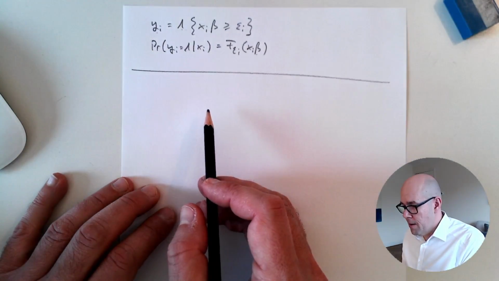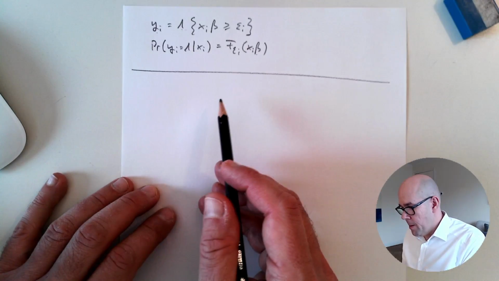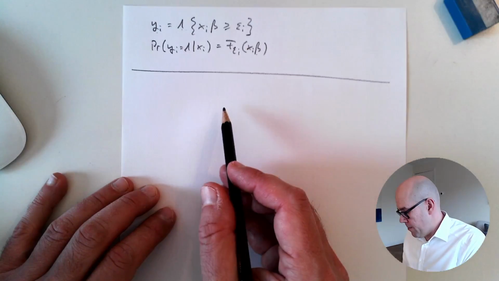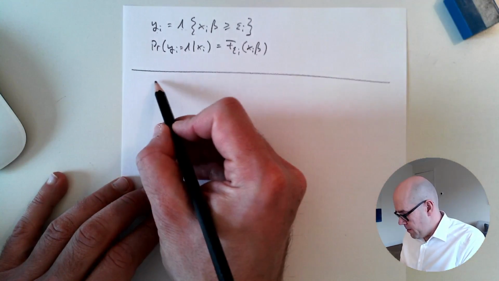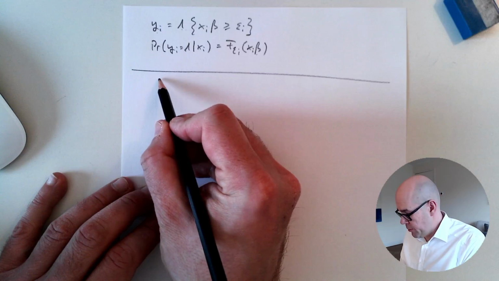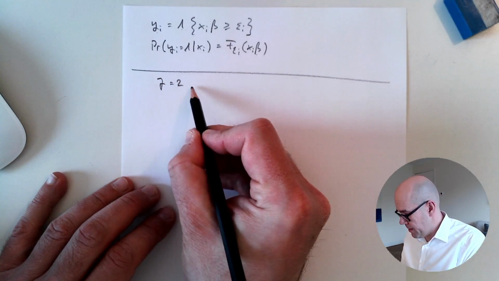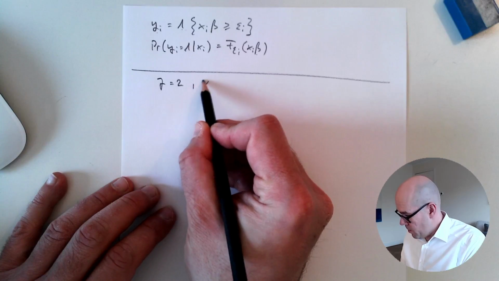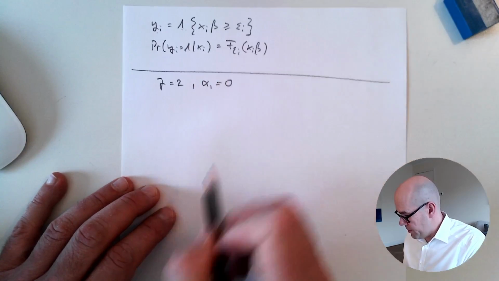Now, for the ordered choice model, what I can do is to write this down for the special case in which j is equal to 2 and alpha 1 is equal to 0.